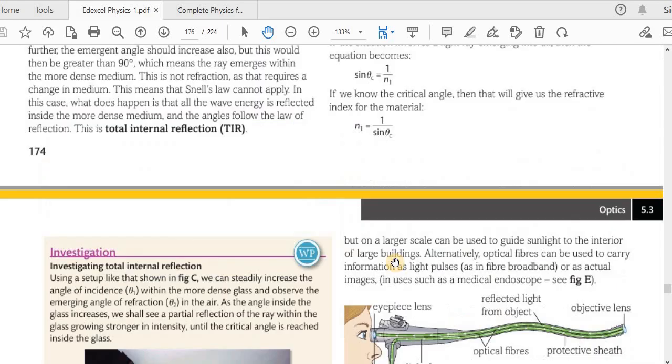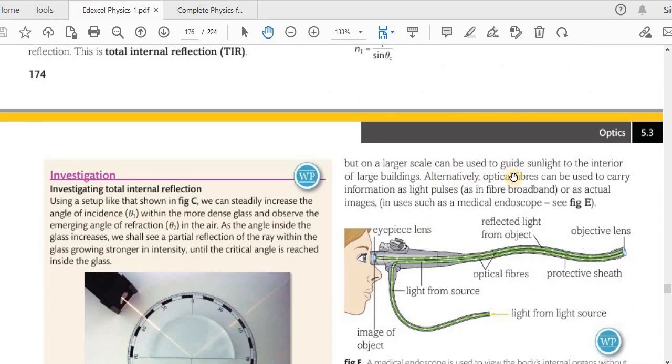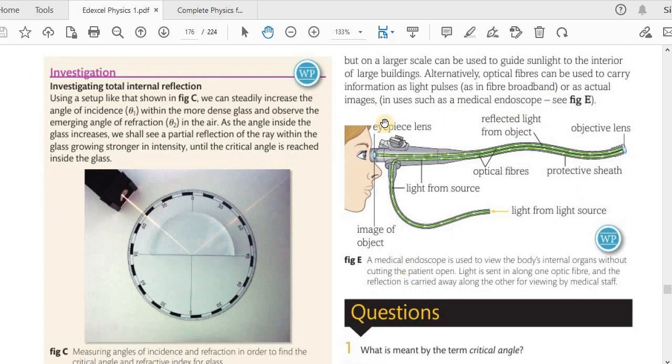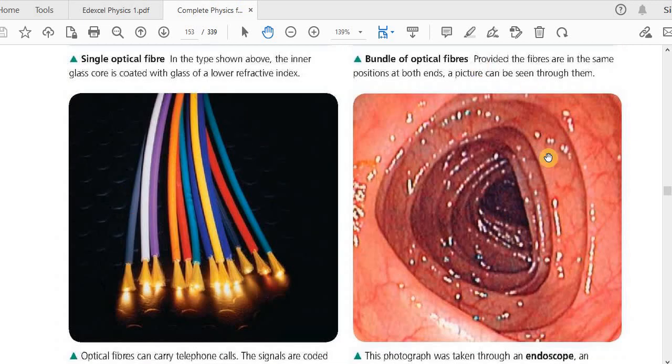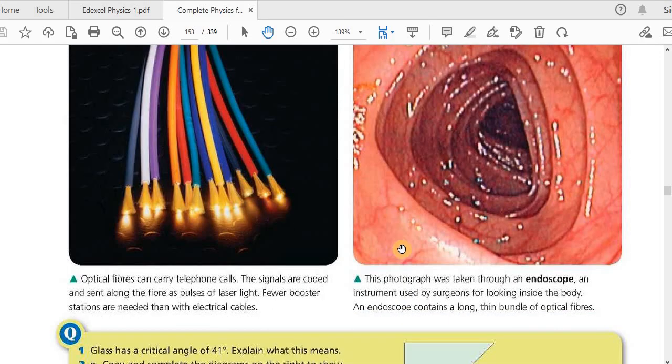Okay, so for lighting, on a larger scale, it can be used to guide sunlight to the interior of large buildings. Alternatively, optical fibers can be used to carry information as light pulses, as in fiber broadband, or as actual images in uses such as medical endoscopy. See figure E, this one, and the photo for that is shown here. See, this is another example where we use total internal reflection.